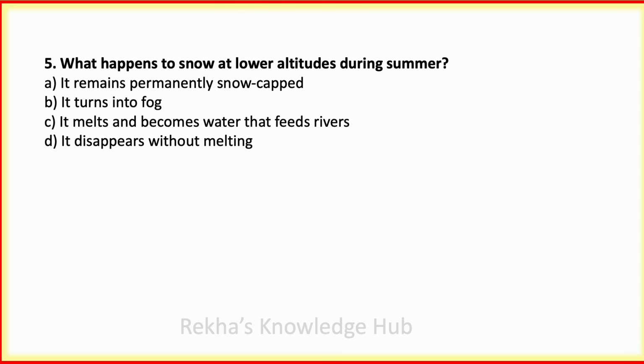At lower altitudes, the snow melts every summer and turns into water that feeds rivers. So, which is the correct answer? Option C. It melts and becomes water that feeds rivers. Then, what about high altitudes? At high altitudes, the snow may never melt, leaving the mountain permanently snow-capped.